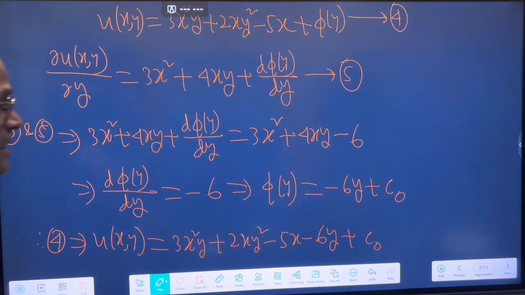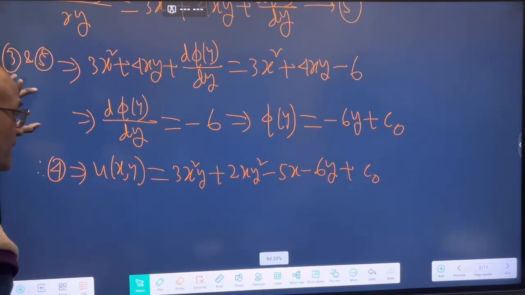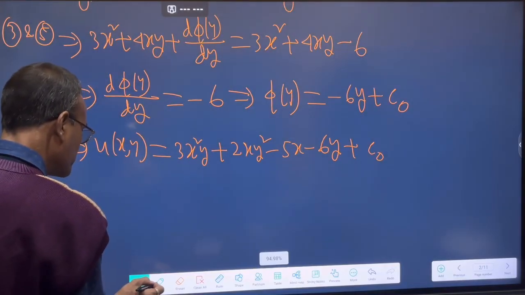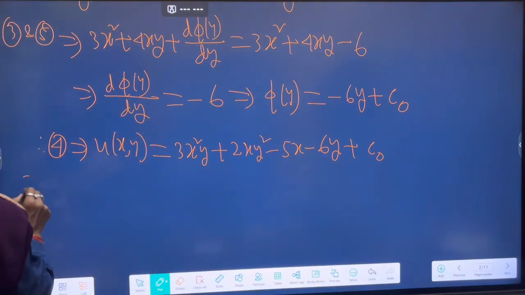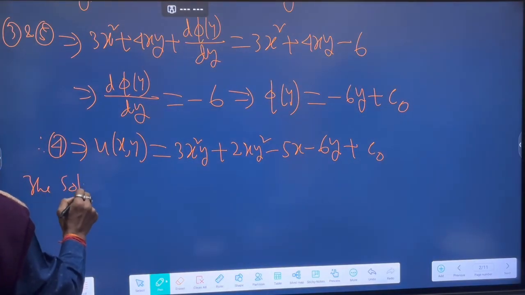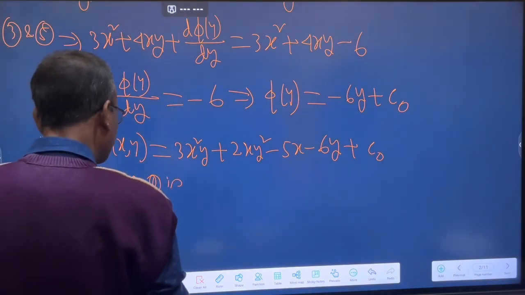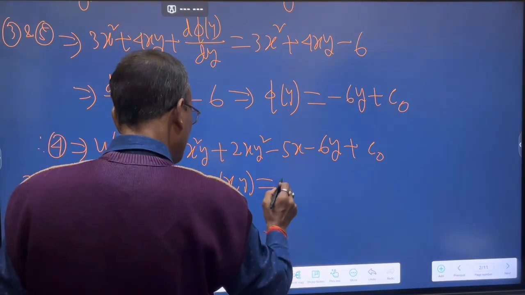Now the solution of 1 is u of x, y equal to constant.